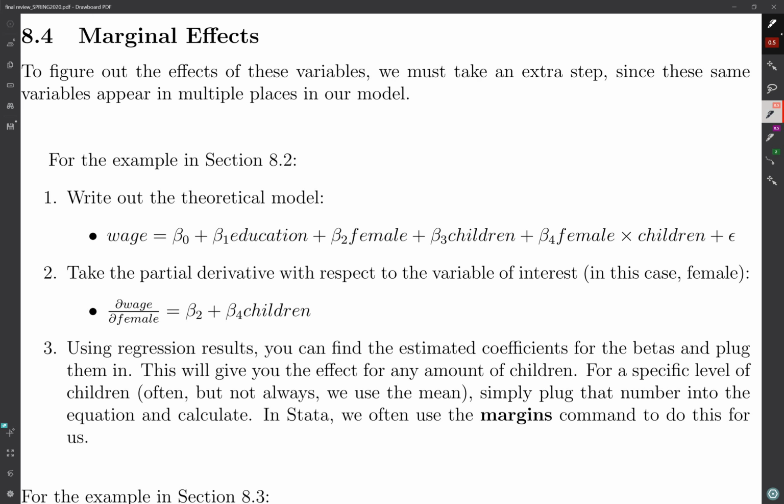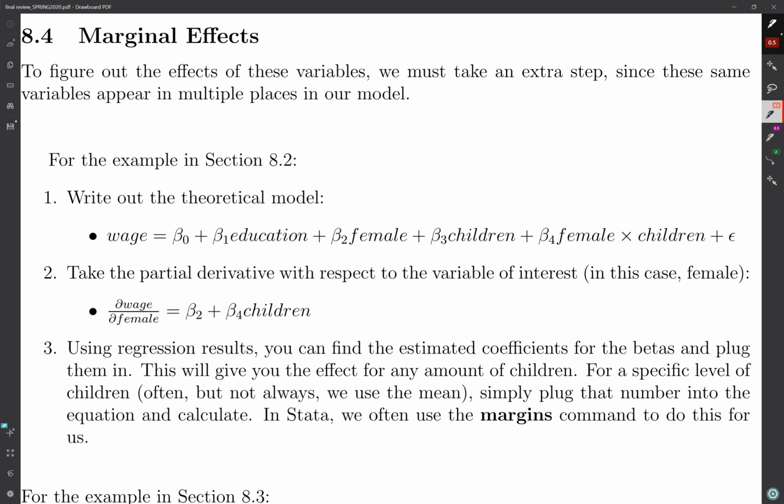Okay. So what we want to do when we write out this theoretical model to get this marginal effect is just take the derivative with respect to whichever variable we're trying to find the marginal effect for. In this case, we're interested in finding the effect of being female.